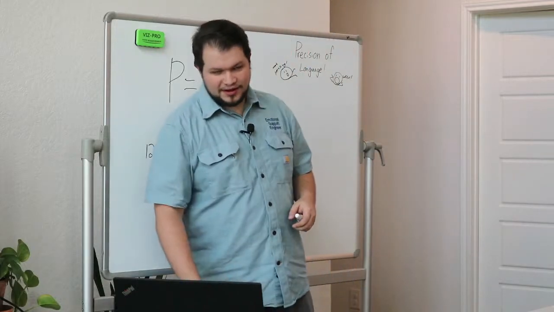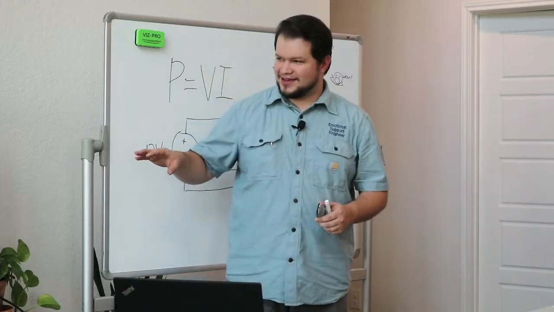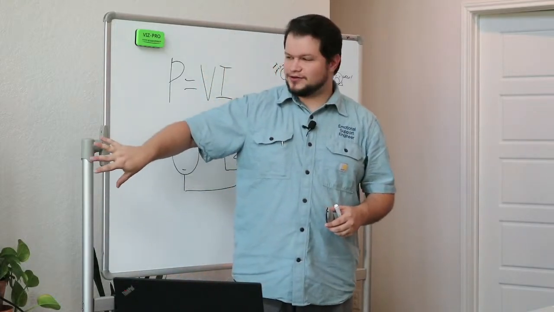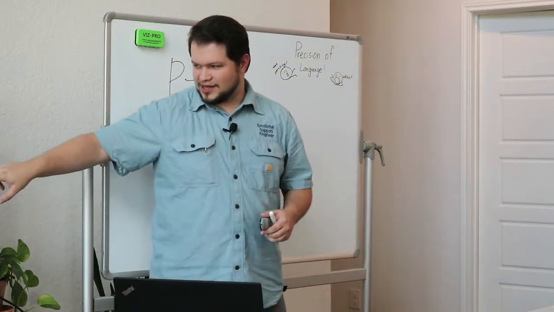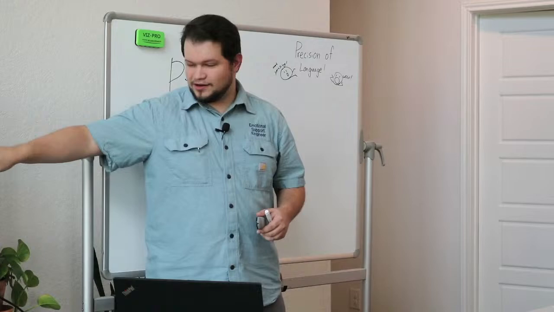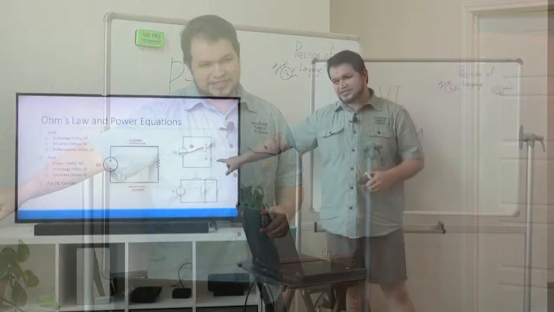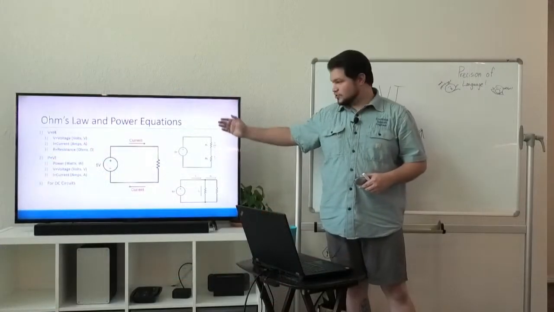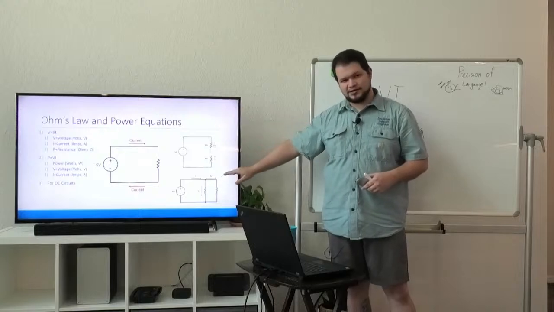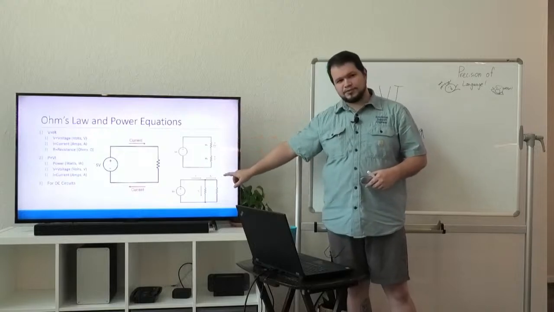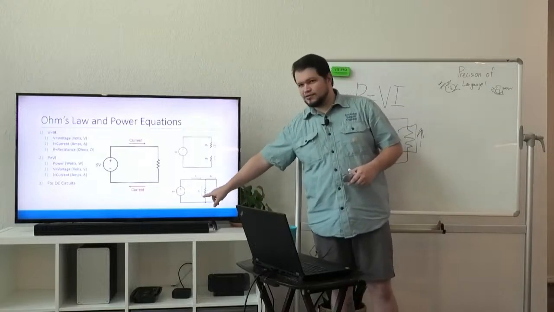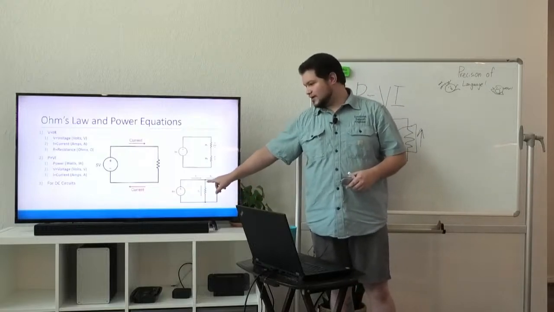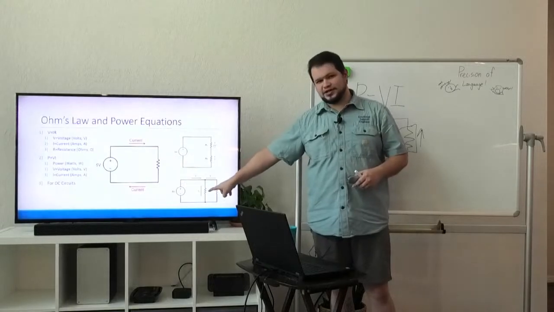One other important thing to note is that when you have items in a circuit diagram, particularly in the case of this one shown here, when you have two resistors in series, which is when they're placed along the same line, you get a voltage drop, but the current stays constant. When they are placed in parallel next to each other, you get a current drop, but the voltage stays constant.